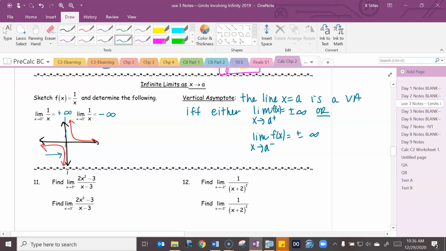The important thing is that if you're approaching positive or negative infinity as you approach a specific value from the left or the right, that means that you have a vertical asymptote. So we are approaching positive or negative infinity as we approach 0 from the left or the right, which tells us that x equals 0 is our vertical asymptote.